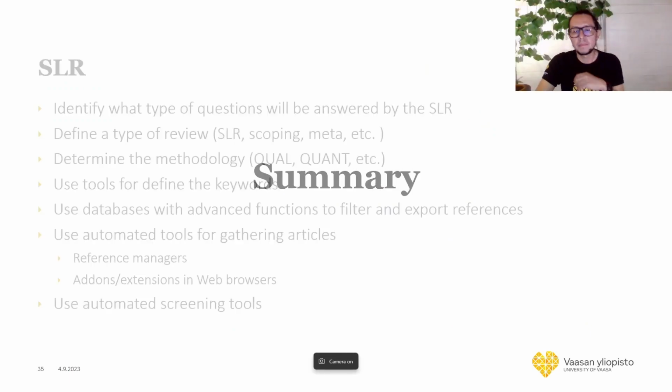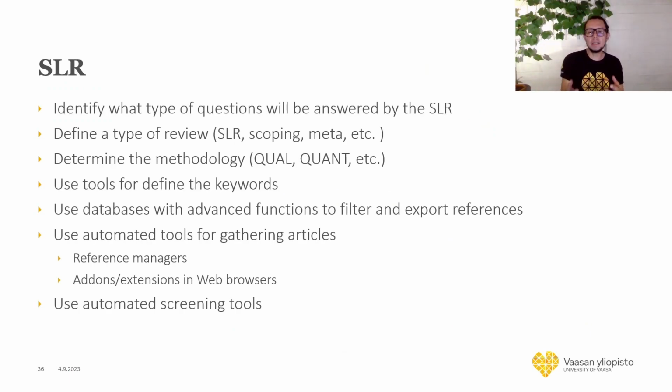In summary, systematic literature reviews are quite different depending on the questions that you want to answer. Depending on those questions and the scope of the review, you need to select whether it is a systematic literature review, a scoping review, a meta-analysis, or just a simple overview or survey.